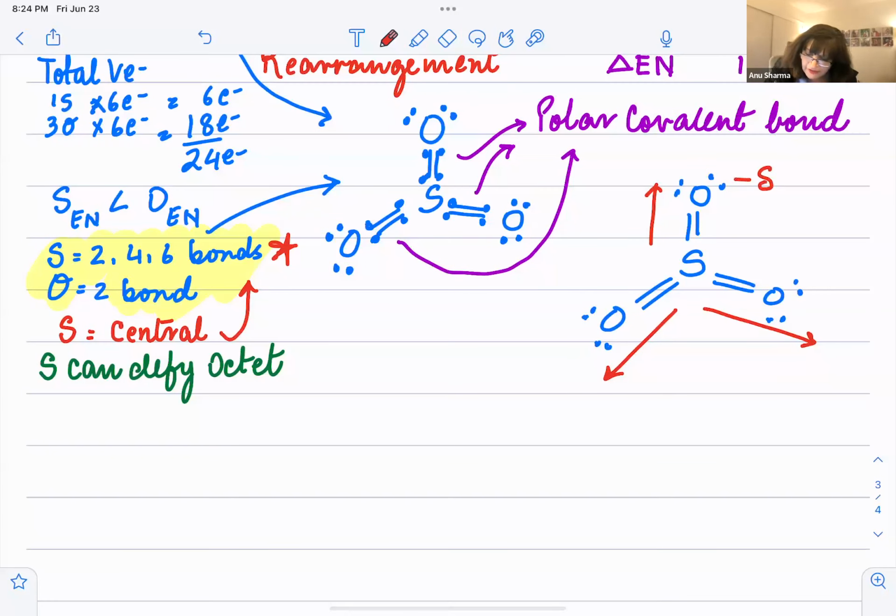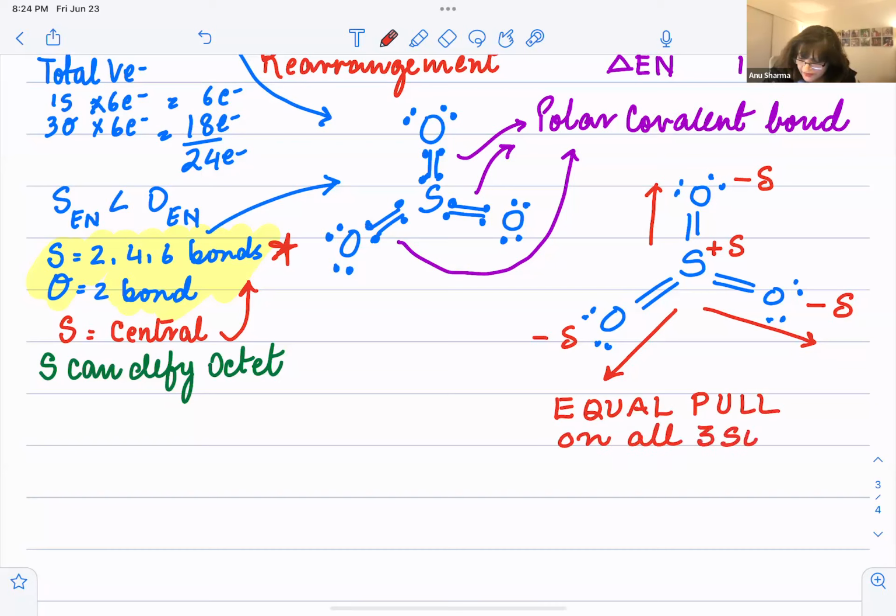Oxygen gets a delta negative charge. This oxygen gets a delta negative charge. This one also gets a delta negative charge. And what about sulfur? Sulfur acquires a delta positive charge, but it's an equal pull on all the sides. So what happens? The effect cancels out.